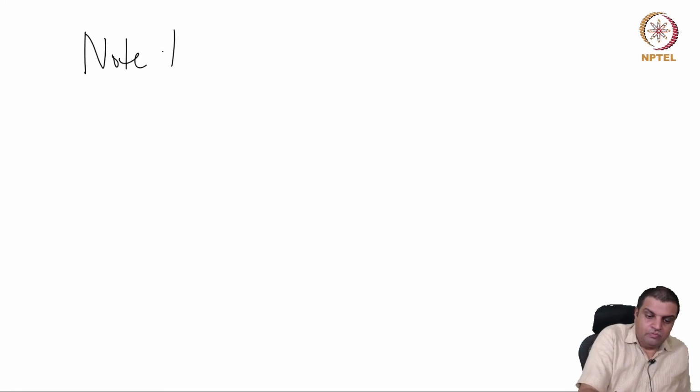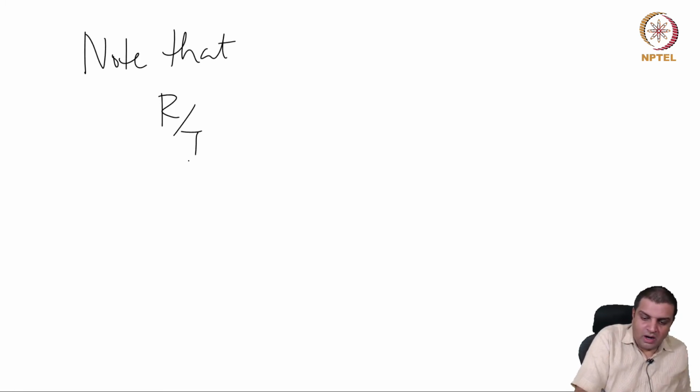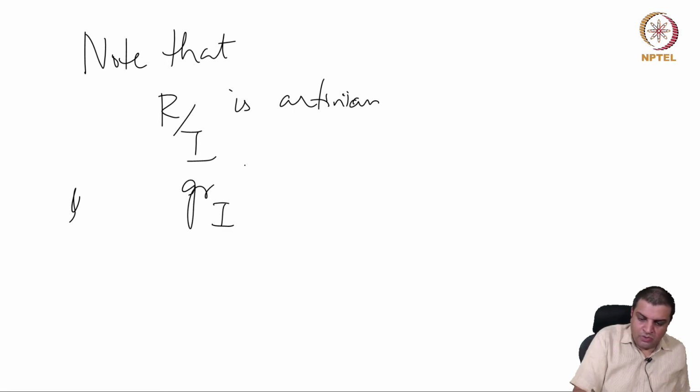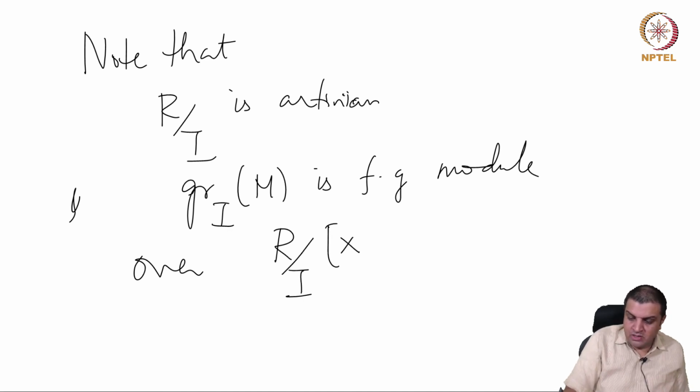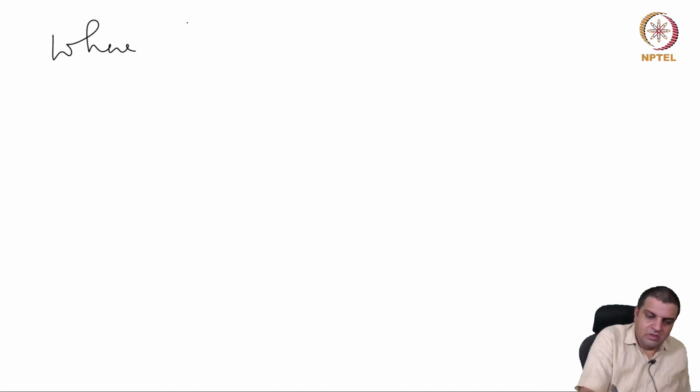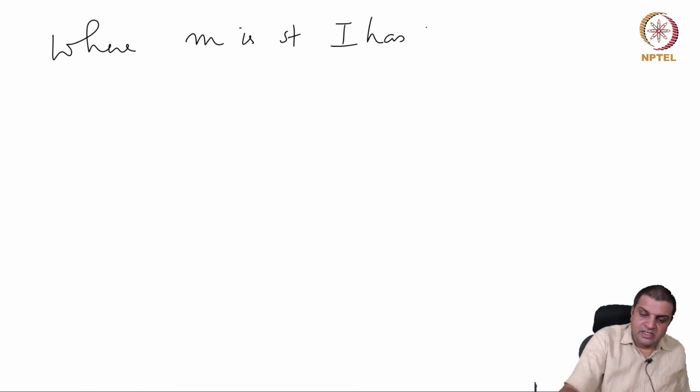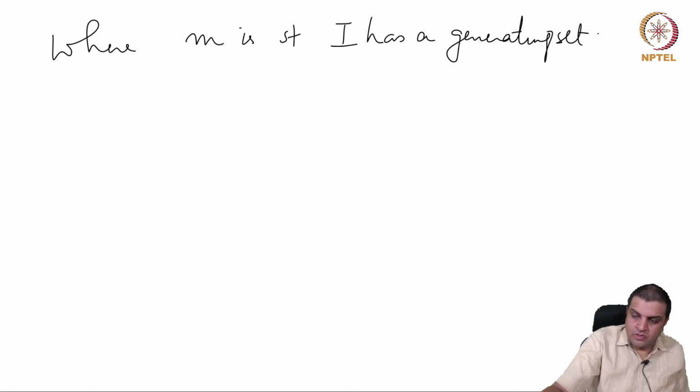Note that R mod I is Artinian, and the associated graded module is a finitely generated module over R mod I adjoin x1 through xm, where m is such that I has a generating set of m elements.